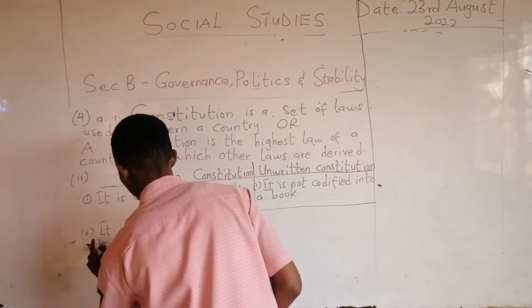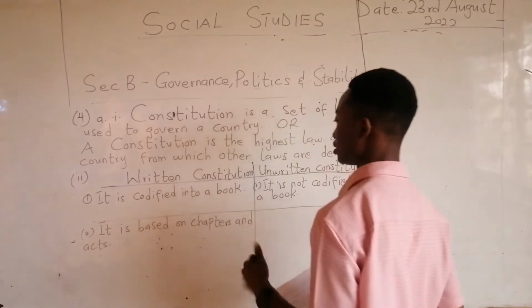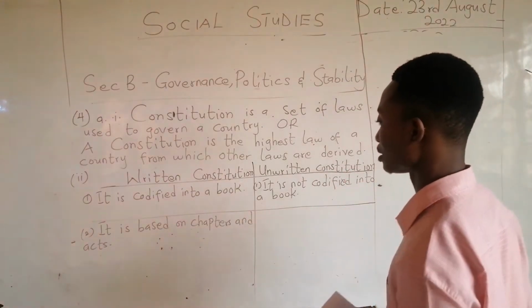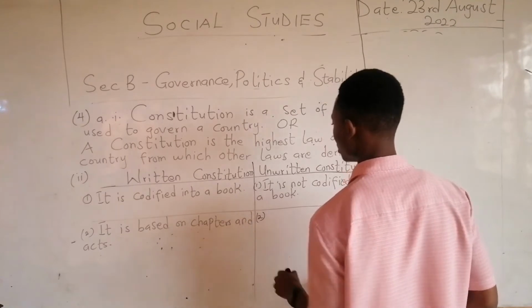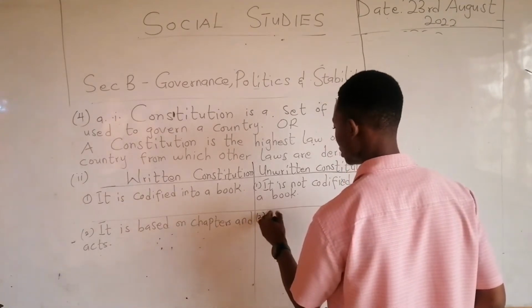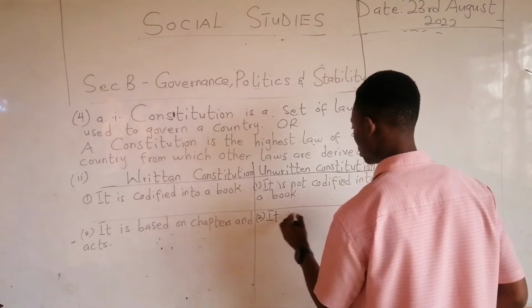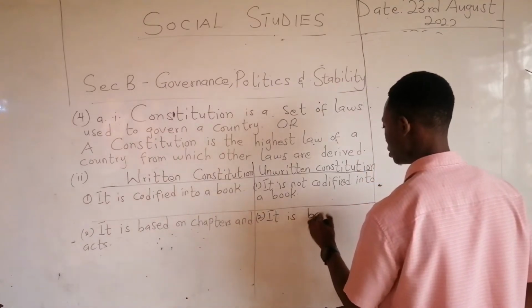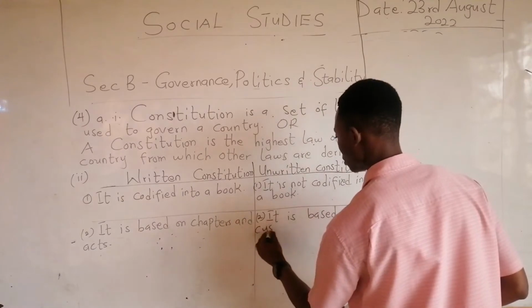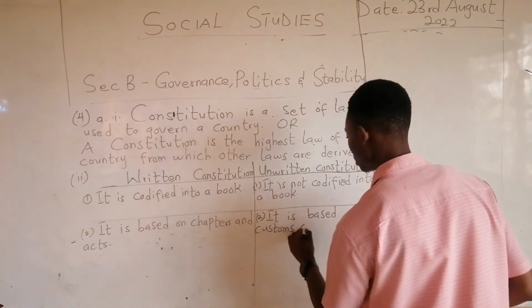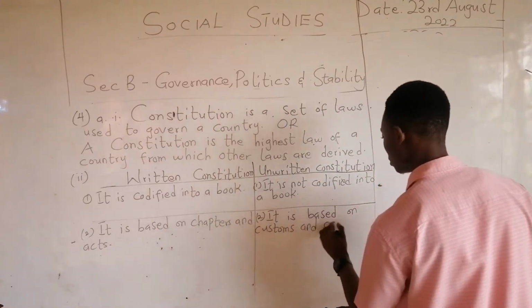So they are given out in chapters and acts, and they are written. The unwritten is based on customs and conventions.